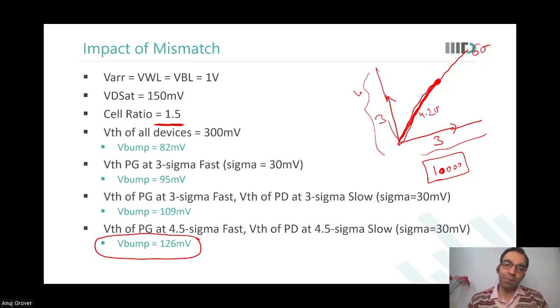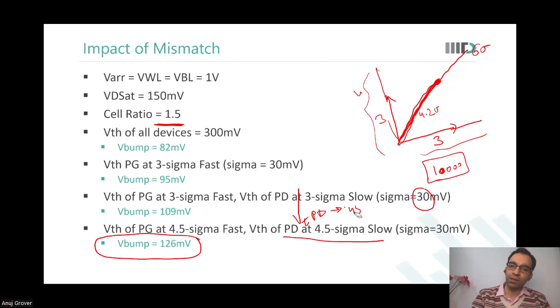Now, if I had kept the cell ratio of 1, we looked at the layout and we saw that in that case, the sigma value would reduce. So what has happened over here? The VT of the pull down is 435 millivolts.